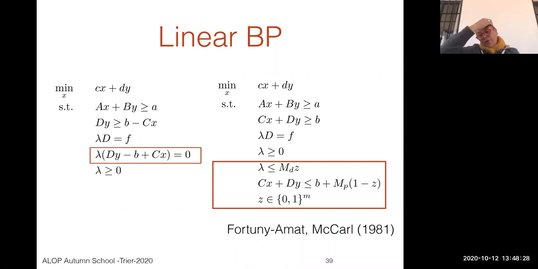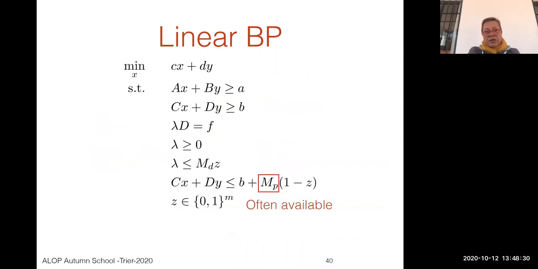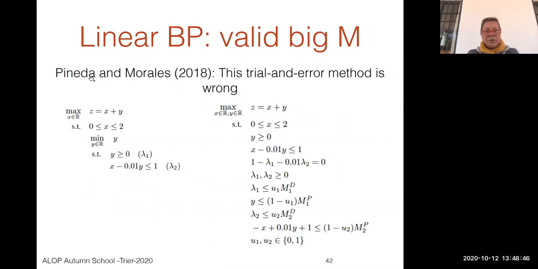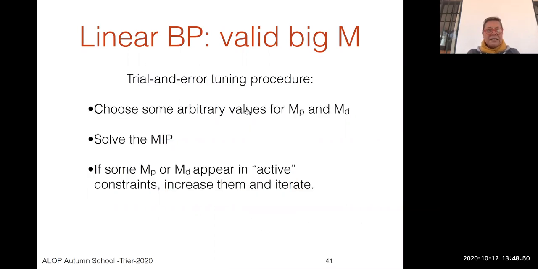And so for a while, especially in the energy domain, there was a procedure that was used for determining those big M. I refer to a paper that we will see in a minute by Pineda and Morales.